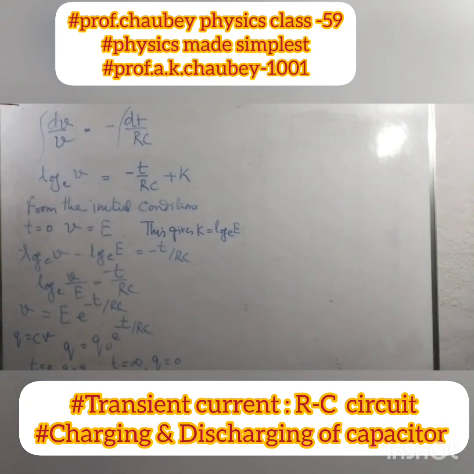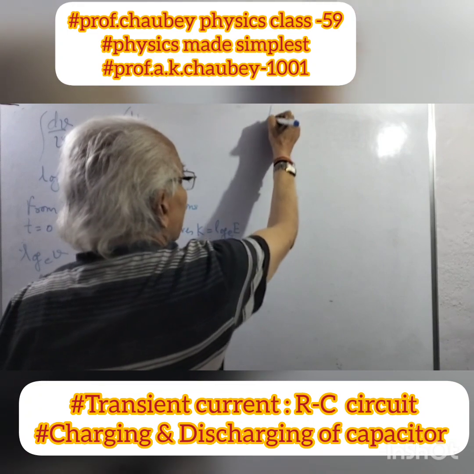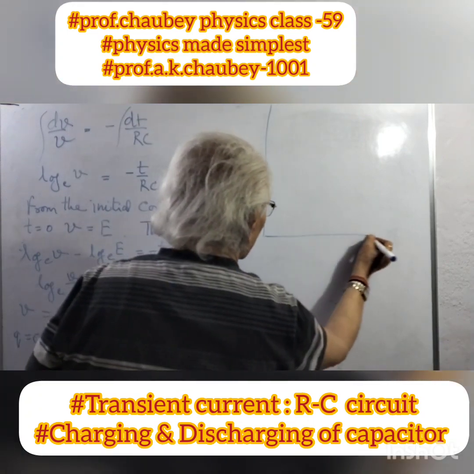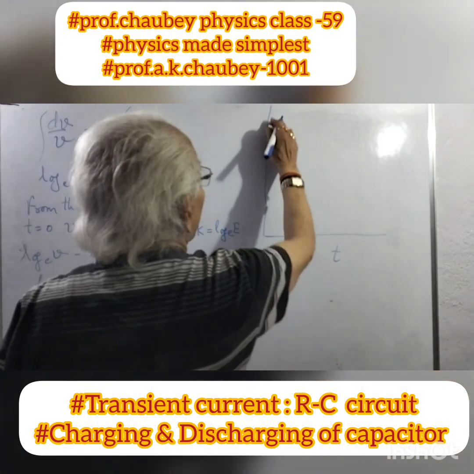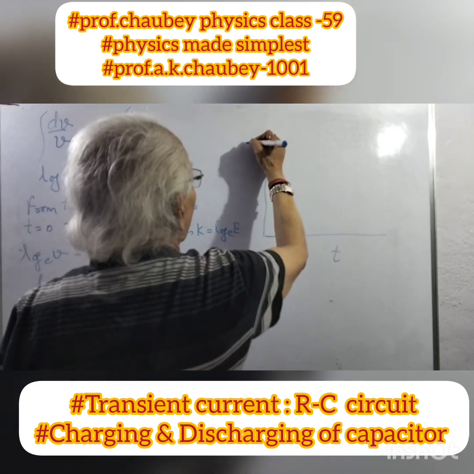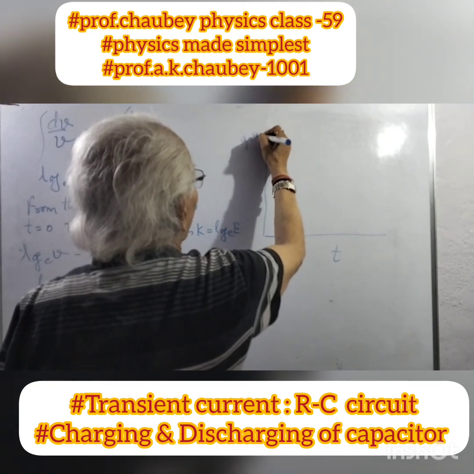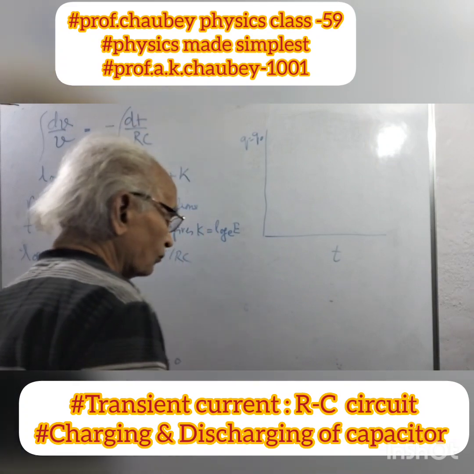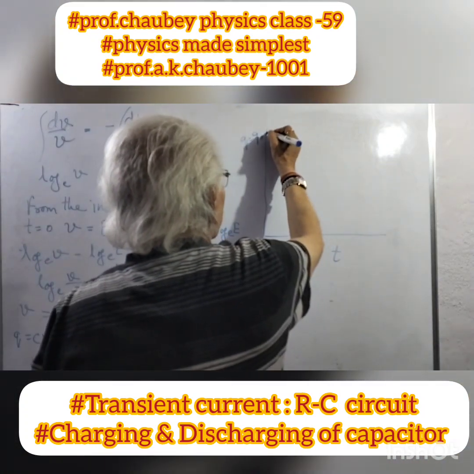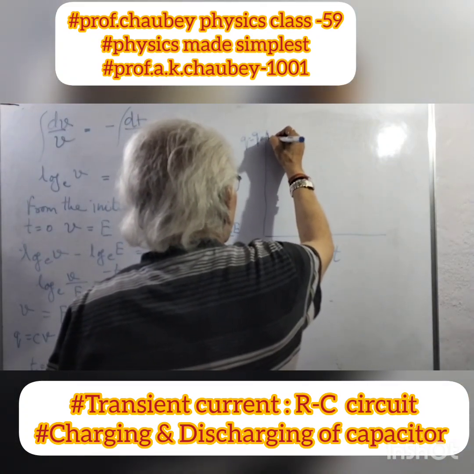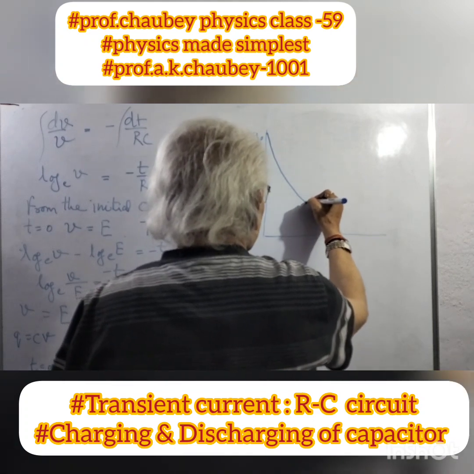So we get the discharging of the capacitor, that the capacitor is being discharged on a time scale. We start, say, from Q equal to Q0 maximum at this point, and then discharge takes place.